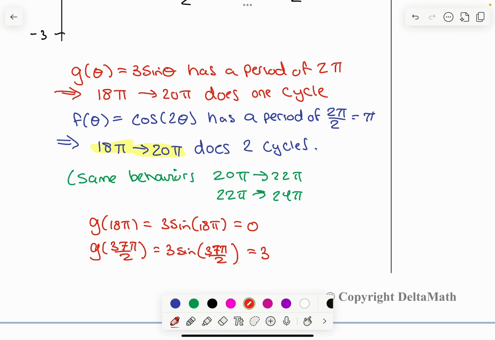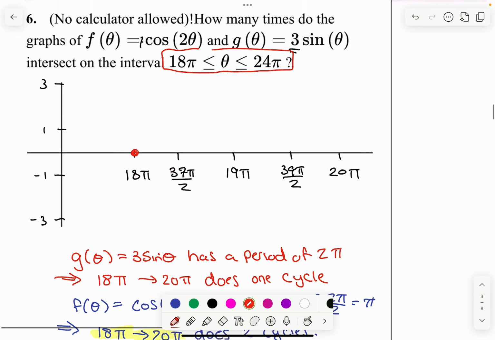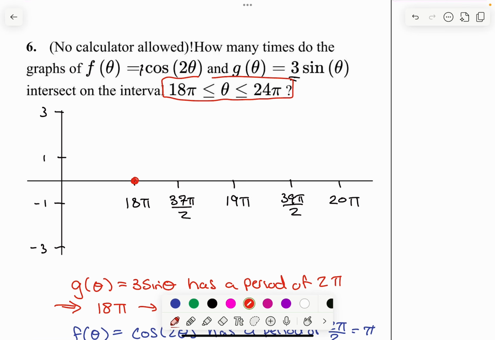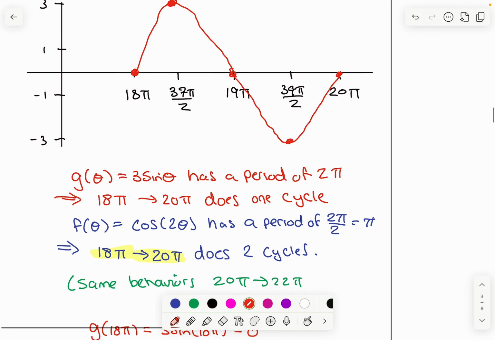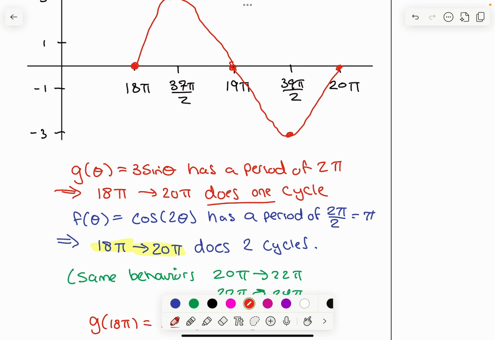That's 18 pi's, and then a half of pi. But 18 pi resets you. So this will give the exact value as 3 sine of pi over 2, which is 3 times 1, which is 3. I say that because it tells us my graph goes up to here. And from here, we can just use pattern recognition of the sine graph. So it's going to do this, and as we suspected, it's doing 1 full cycle.